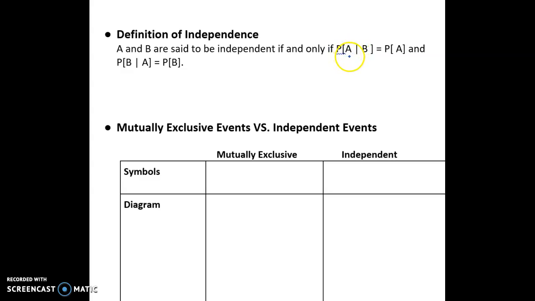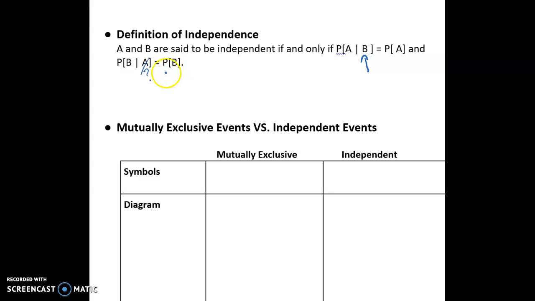If the probability of A given that B happens is the same thing as the probability of A. In other words, it doesn't matter if B happens or not. A is not dependent on whether B happens. The probability does not change if B happens. Similarly, probability of B given A is just equal to the probability of B. It doesn't matter that A happens, okay?